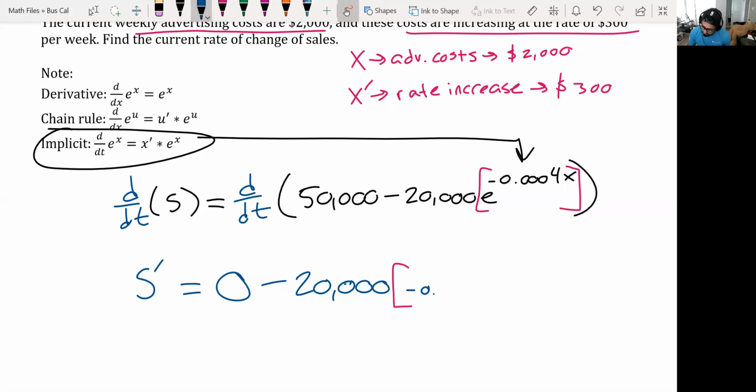is going to be negative 0.0004x prime times the original e function of e to the negative 0.0004x.